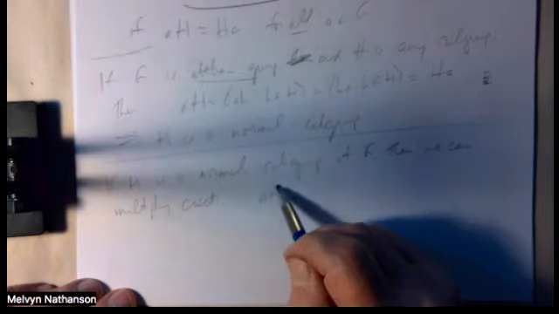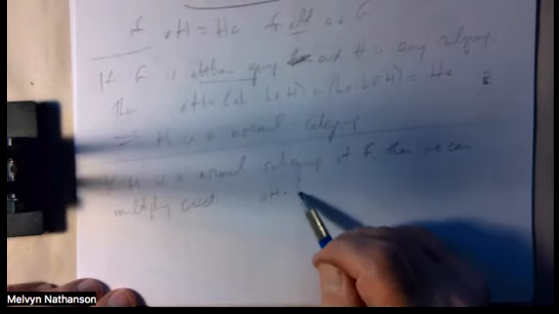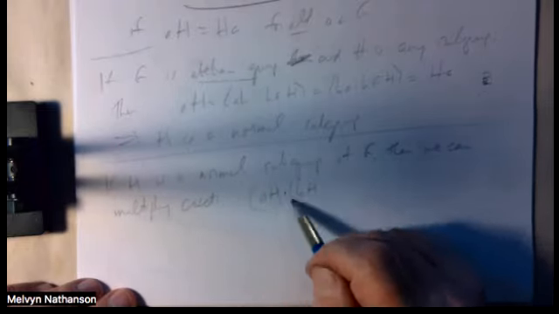I can just talk about cosets. As follows, we define the product of aH times bH. So this is one left coset times another left coset. That's going to be equal to abH. And I claim that this is a well-defined multiplication. So this is going to define the product of 2 left cosets.